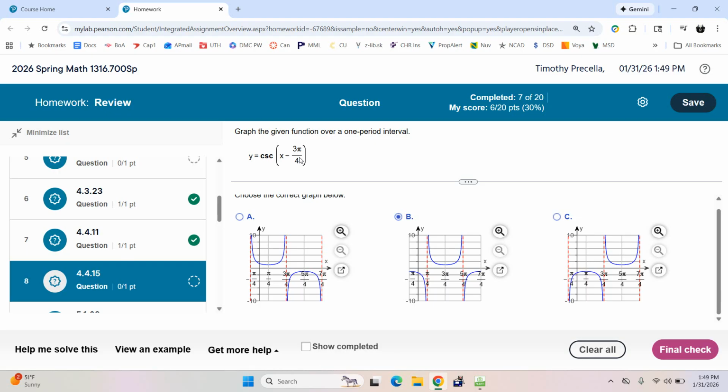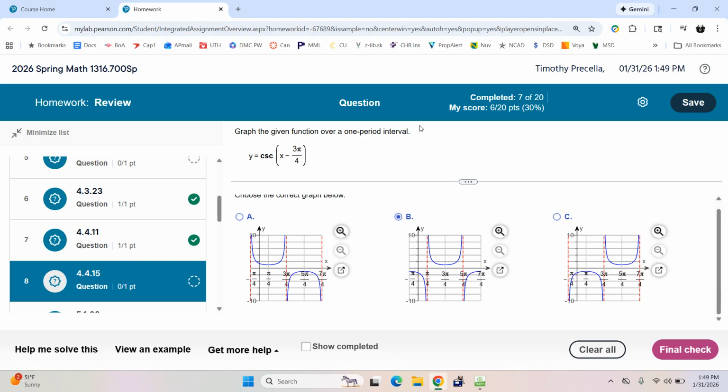Okay, well, that's fine. We will have another of this. I'm just going to do another one, so you get to see another example. Y equals cosecant of x minus 3 pi over 4. And y'all are doing these on the student side of things.